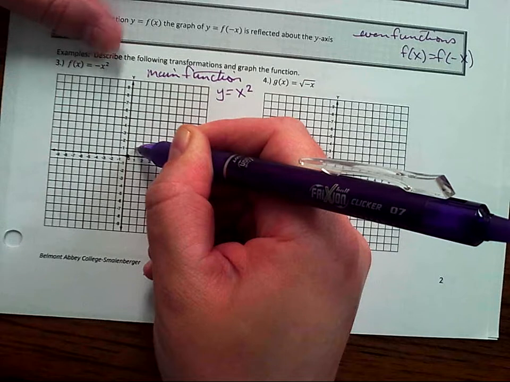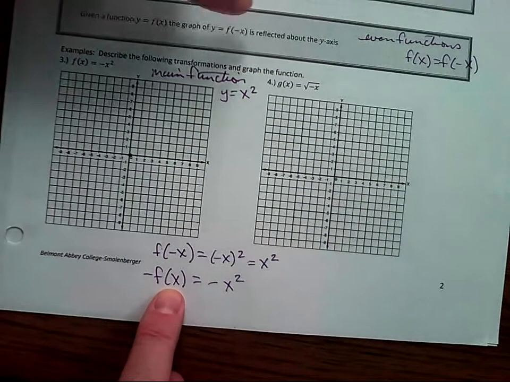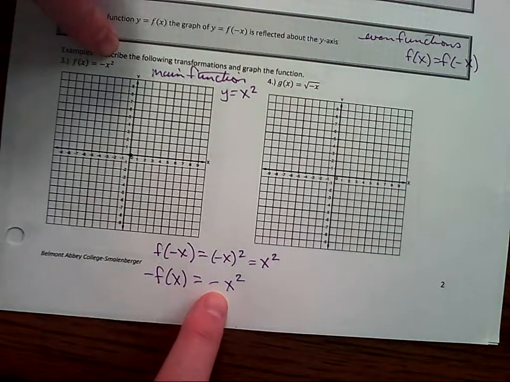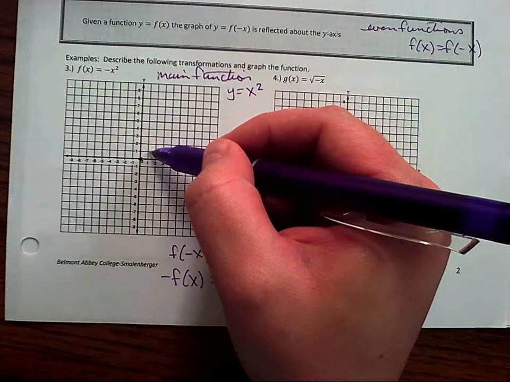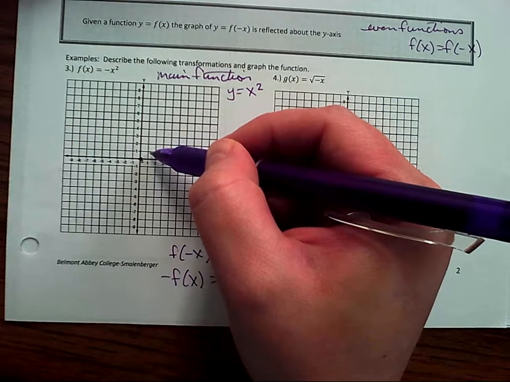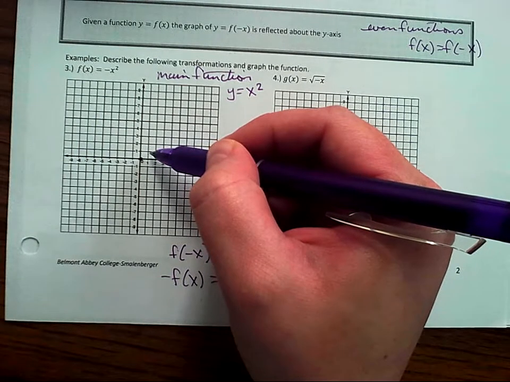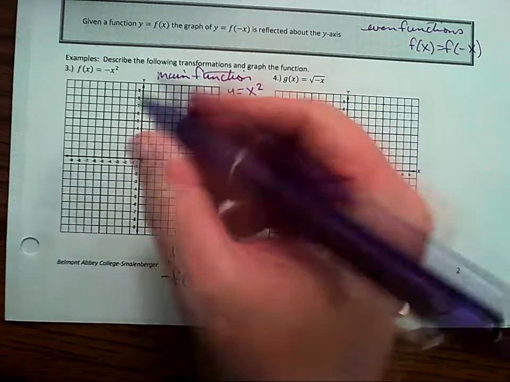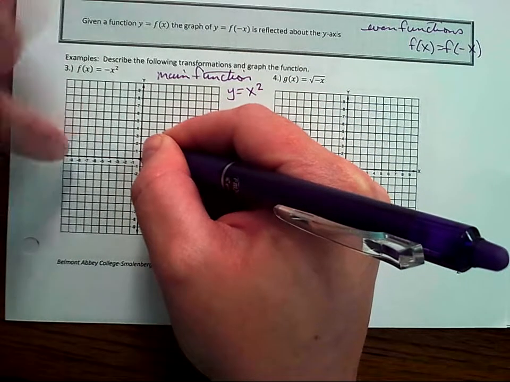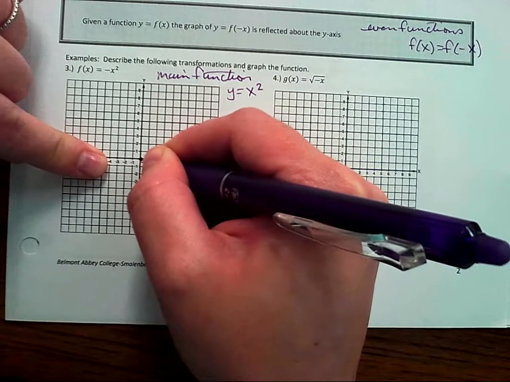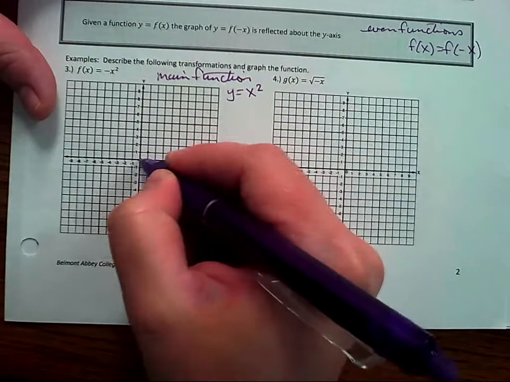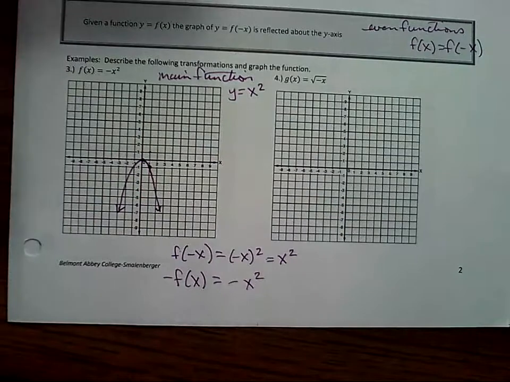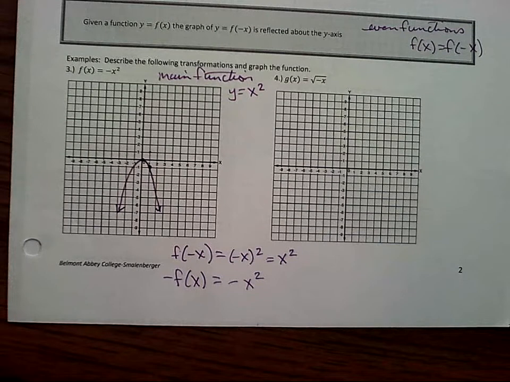I'm reflecting points because this is the transformation of my function. So if I reflect the point 1, 1 over the x-axis, it's 1, -1. So it goes from here, here's the x-axis, and I just reflect it over. So that becomes my function.